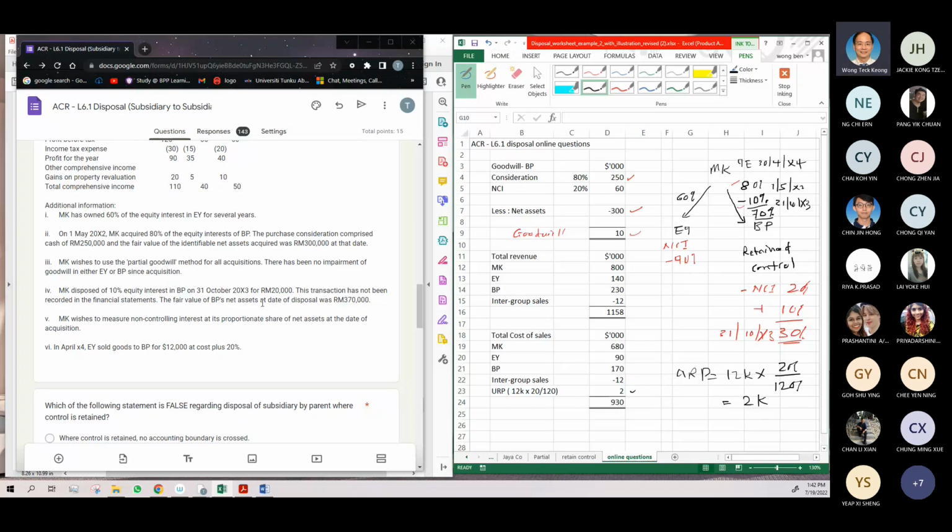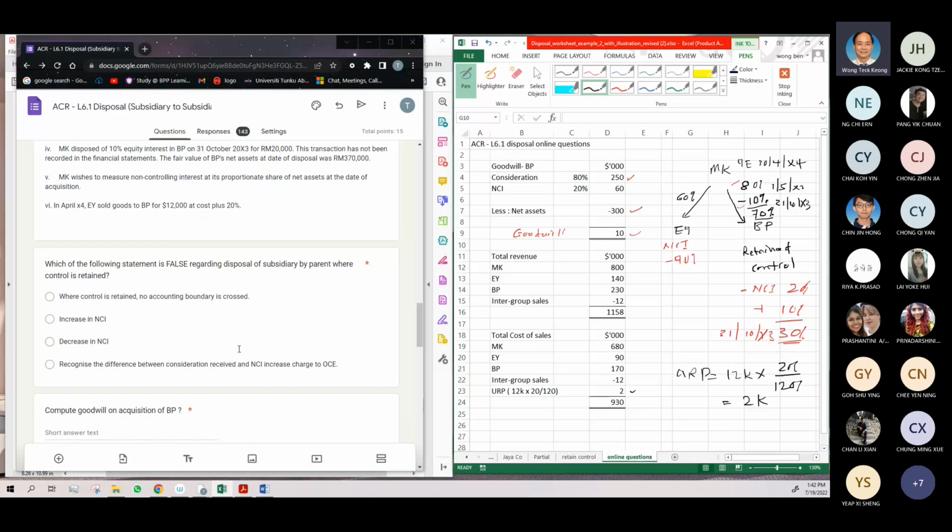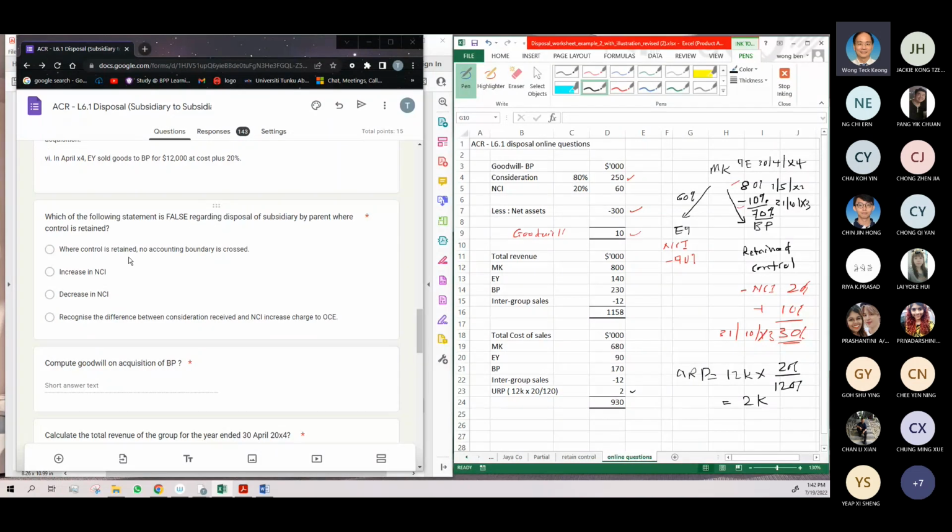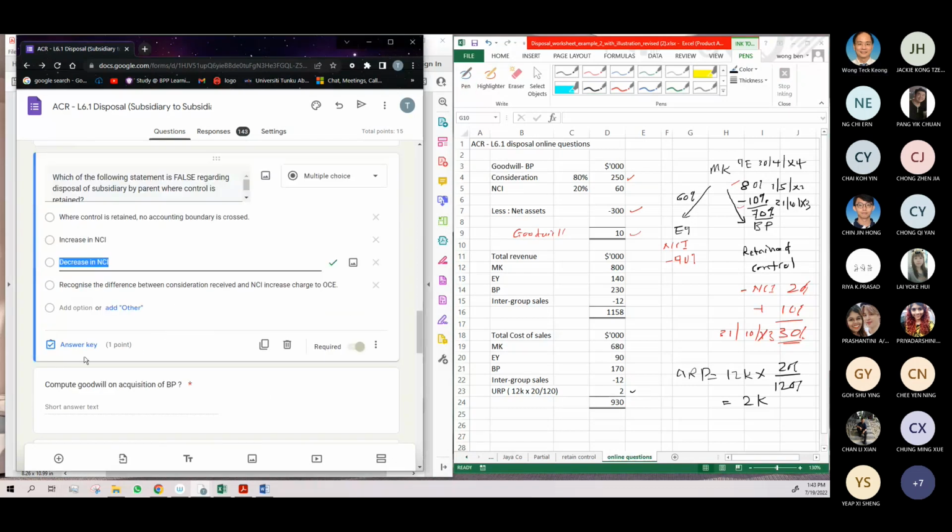The first one here, they're asking which of the following statements is false, the wrong statement. When control is retained, no accounting boundary is crossed. Yes, this is correct. Increase in NCI? Yes, because the parent sells to the NCI. Decrease in NCI is wrong.